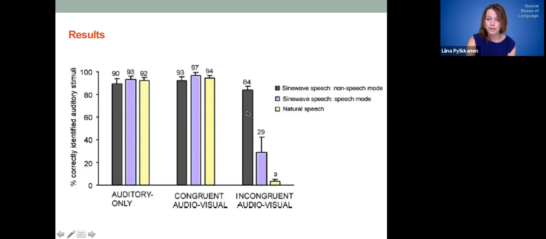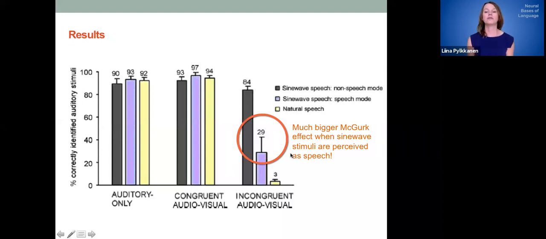And physically, you're hearing exactly the same thing. But when you think it's supposed to be speech, you're using the articulatory gesture much more. So a much bigger McGurk effect when the sine wave stimuli are perceived as speech.